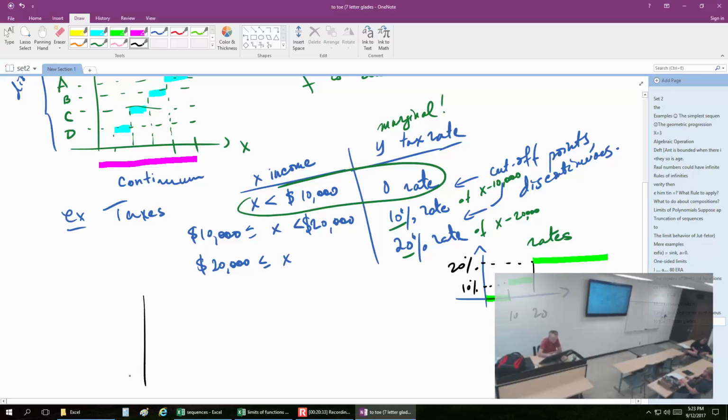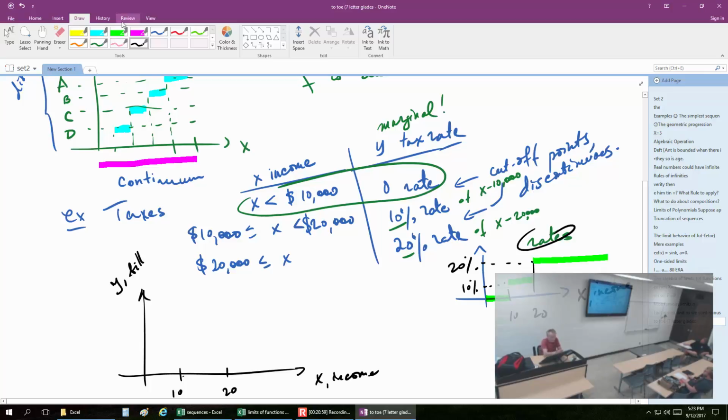So let me demonstrate. Same idea. These were rates. This is X, income. I have still the same X income here, but now Y is the bill, the tax bill. Okay, so the same cutoff points at 10,000 and 20,000.